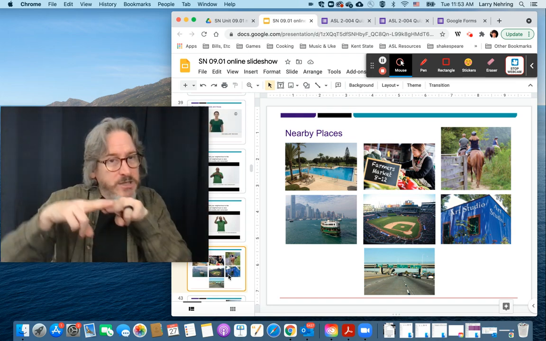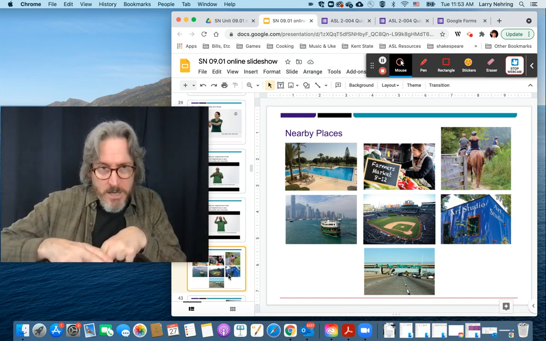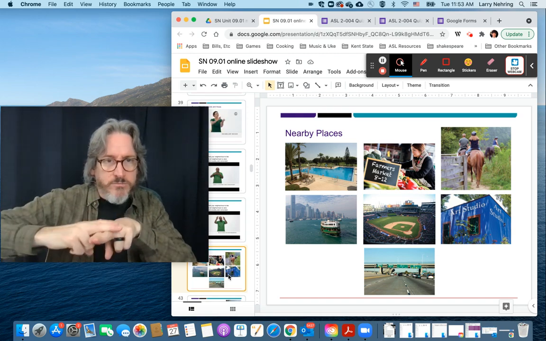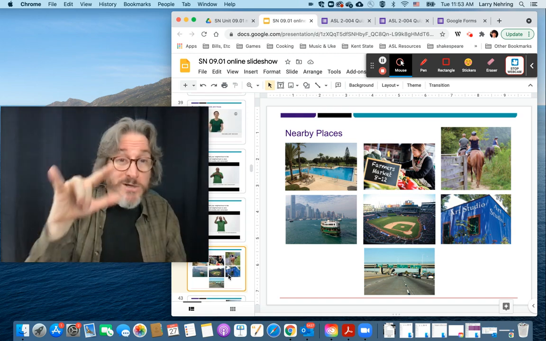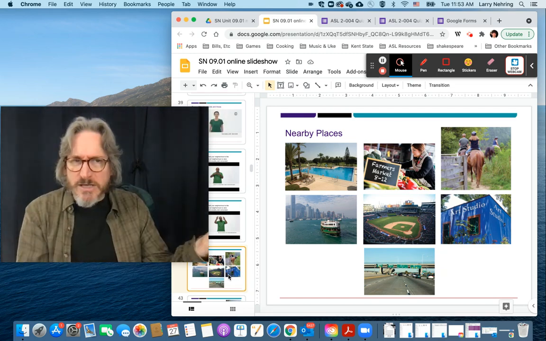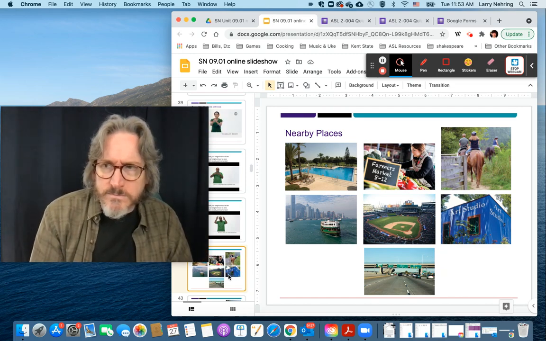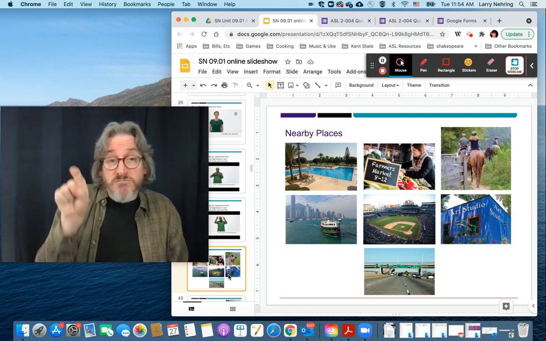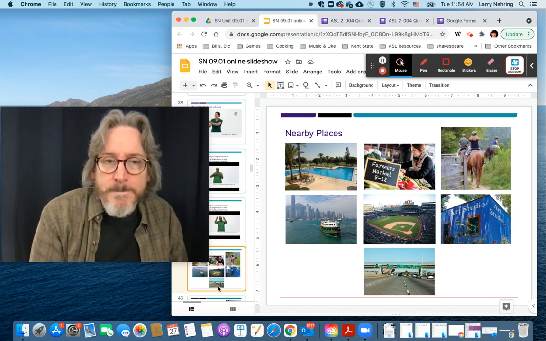So these are nearby things. There's train. And if you look, it's sort of like the railroad ties and the tracks. Airport. So any of these other things we've used in past vocab. Bus. Okay.